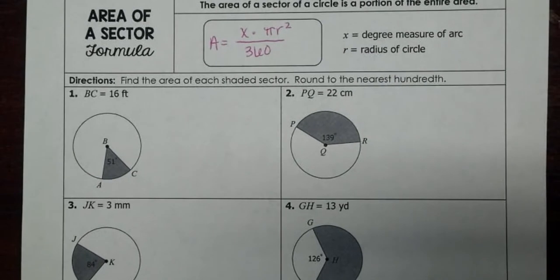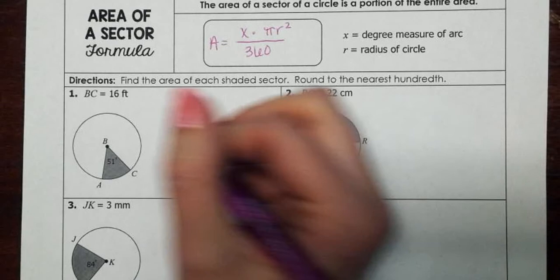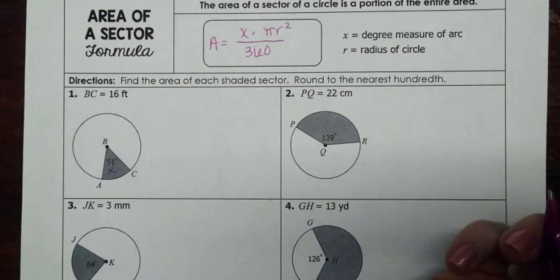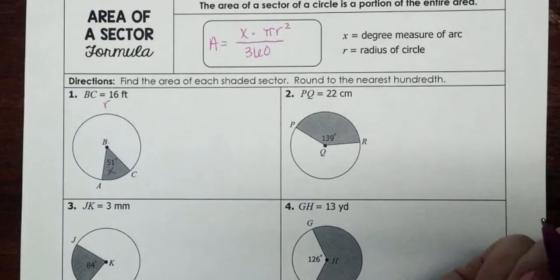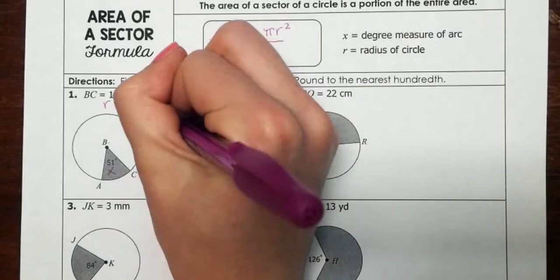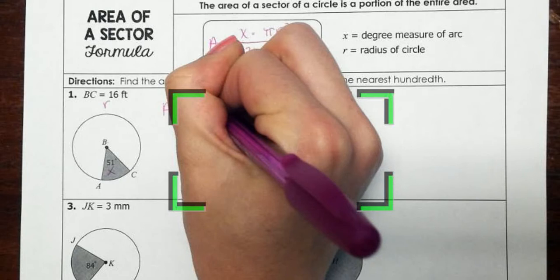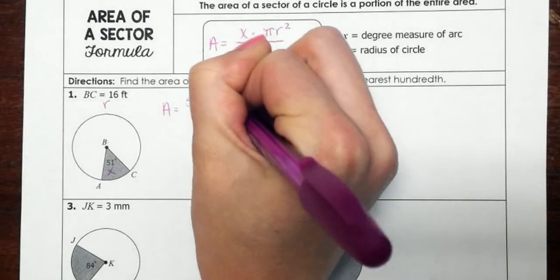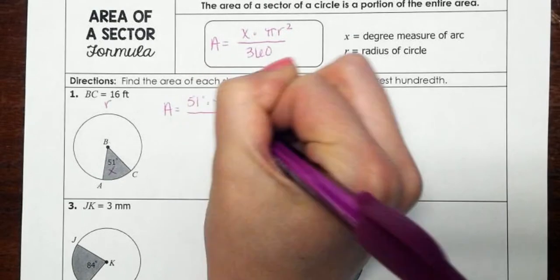So we're going to find the area and we're going to round to the nearest hundredth. So this right here, this 51 degrees, this is your x, okay? BC in this case, this is your r. So it's giving you all of the information you need and all you have to do is plug it in. So my area formula, I'm going to start with x, which is 51 degrees, times pi, my r is 16 squared, divided by 360.